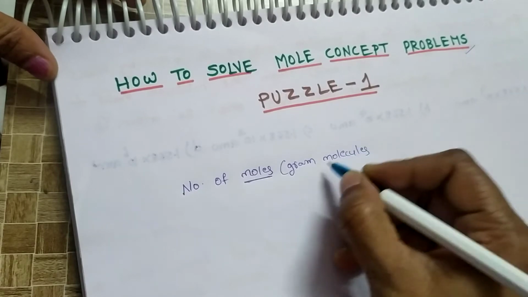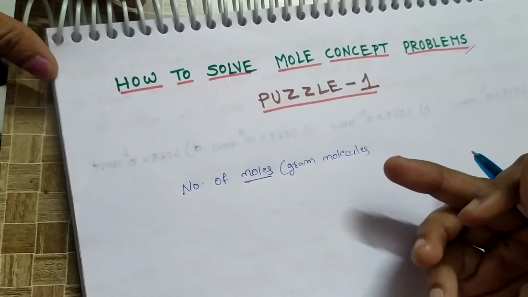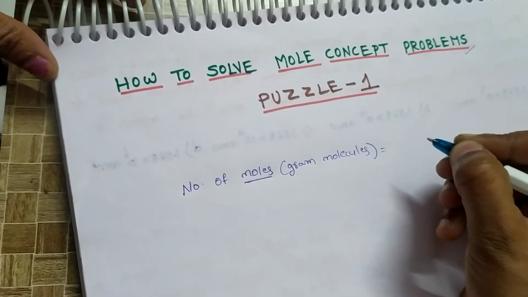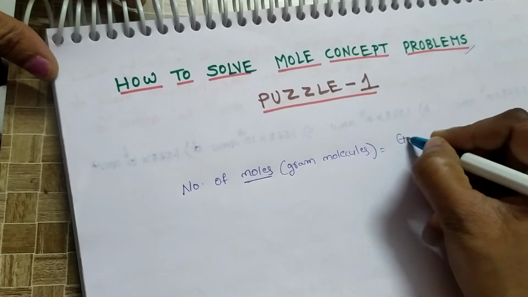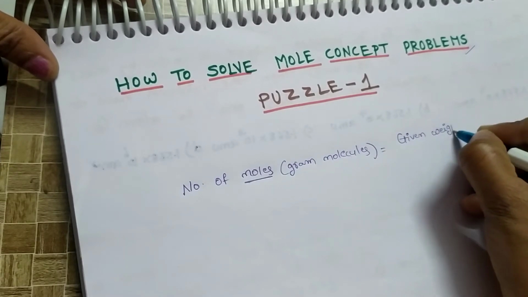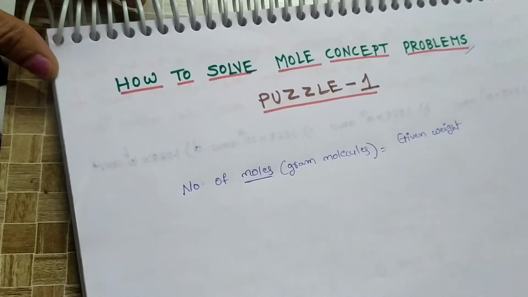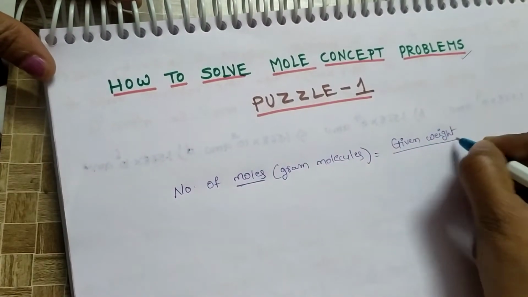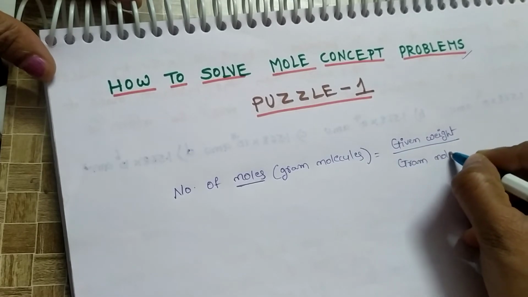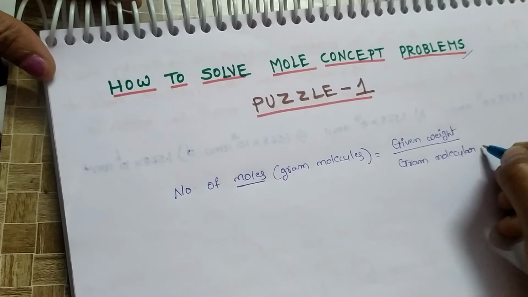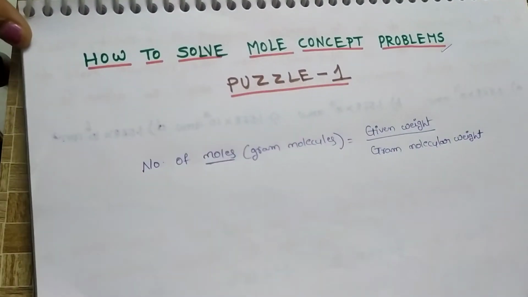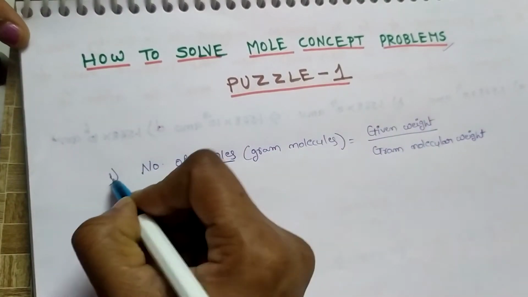Number of moles, mole or gram molecule, all are the same. So the number of moles formula is given weight, which is nothing but the weight given in the problem, given weight in grams, divided by gram molecular weight. Okay, got it? Now this is the first formula.